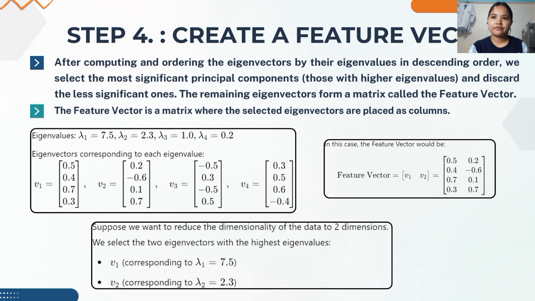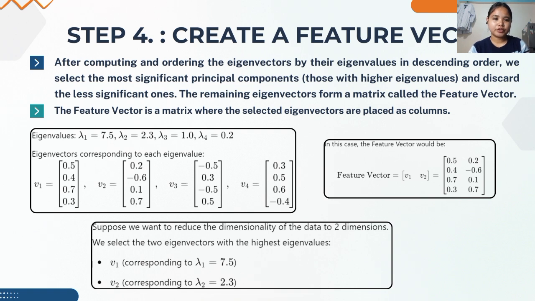For example, we have here eigenvalues. We have lambda 1 equal to 7.5, lambda 2 equal to 2.3, lambda 3 equal to 1, while lambda 4 is 0.2. This means that we have 4 features in our data. This is just for example. And the corresponding eigenvectors to each eigenvalue are v sub 1, v sub 2, v sub 3, and v sub 4.